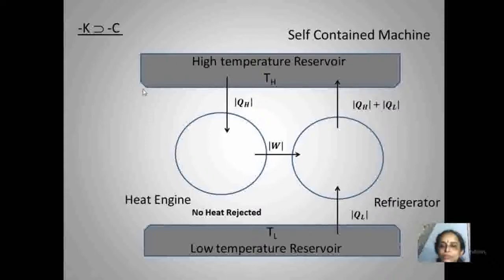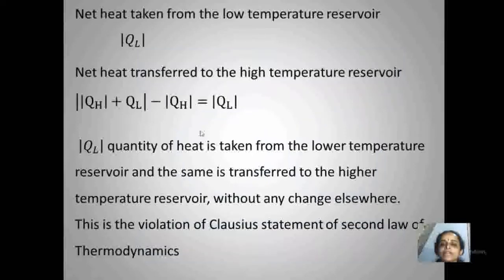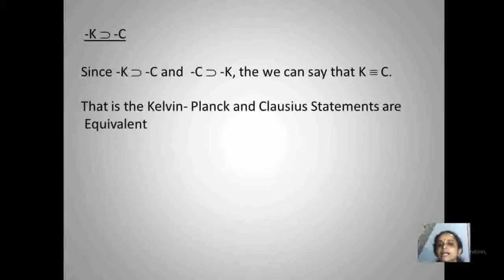Then we have proved that this not-K also implies not-C. That means the falsity of the Kelvin-Planck statement implies the falsity of the Clausius statement. Since not-K implies not-C and not-C implies not-K, we can say that K is equivalent to C. That is, the Kelvin-Planck and Clausius statements are equivalent.